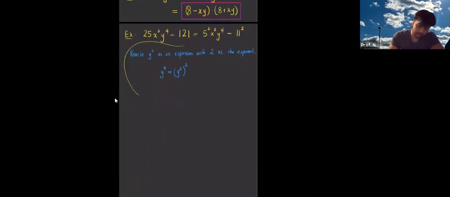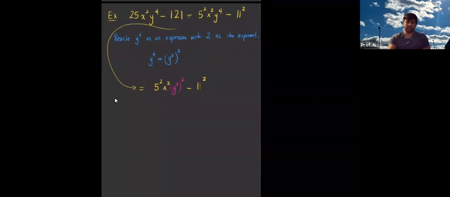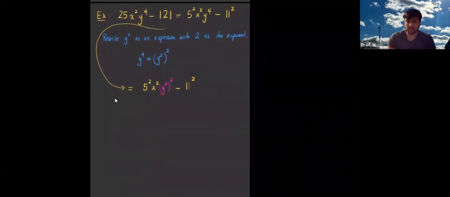Let me rewrite this over here. I can rewrite this as 5 squared x squared, and just to emphasize, this is going to be y squared, parentheses, squared, minus 11 squared. So the great thing now is that all of these terms are squared. Now what does this become?